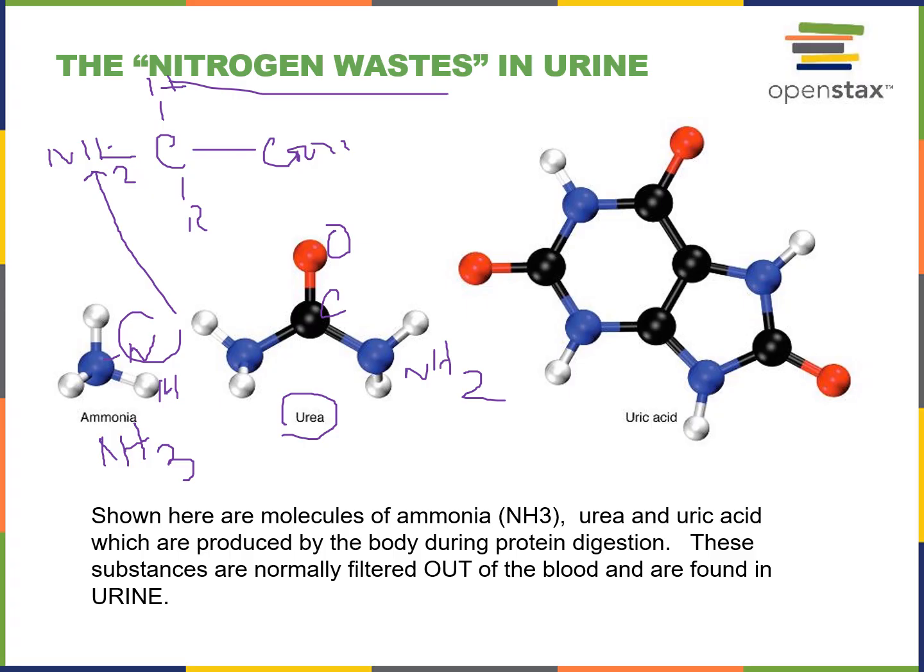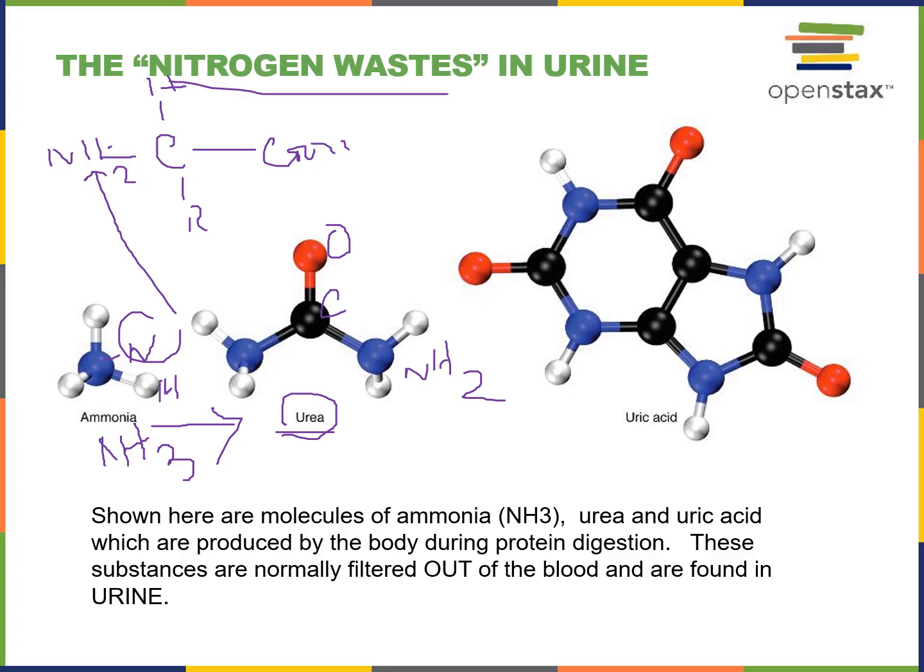Why don't we just excrete one nitrogenous waste? Well, the truth is different proteins will break down differently in the digestive system. Ammonia is very toxic. So the liver actually takes ammonia and converts it to urea, which is not toxic. It is highly soluble, so it can go out in urine.